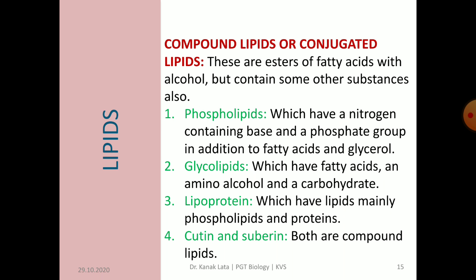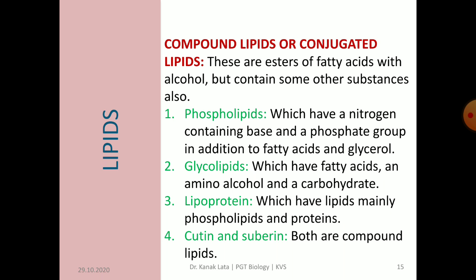Now it is about compound lipids. They are also called conjugated lipids. Compound lipids are esters of fatty acids with alcohol but contain some other substances also. There are four types.